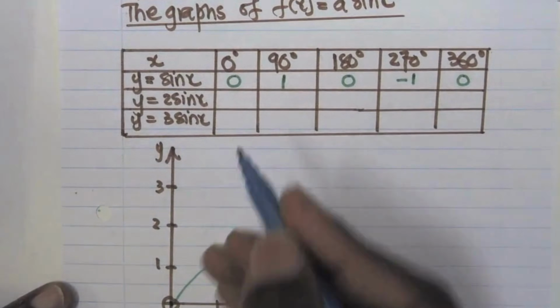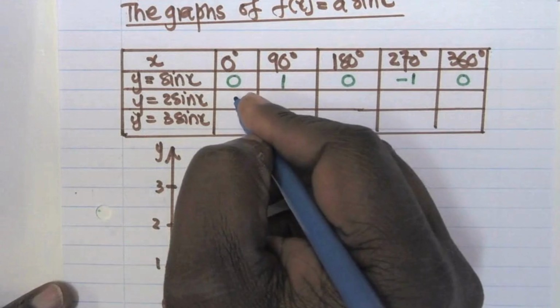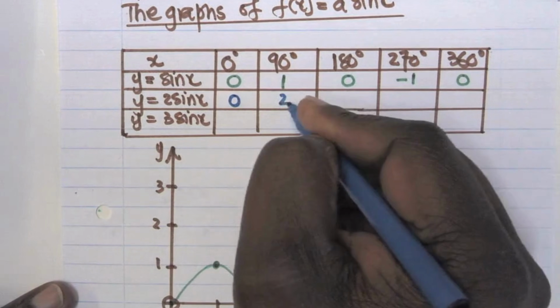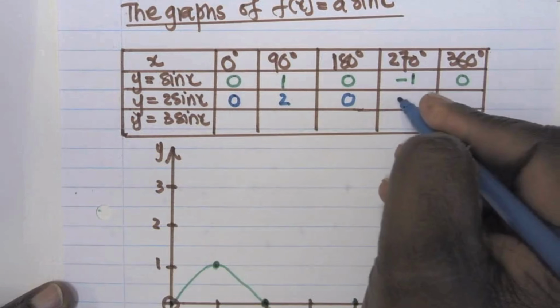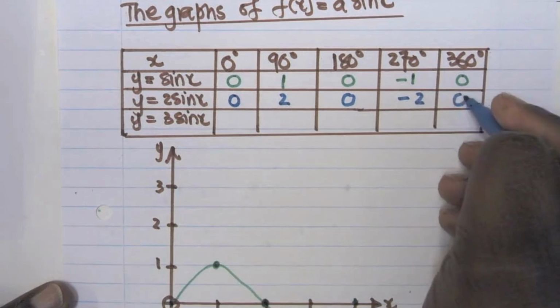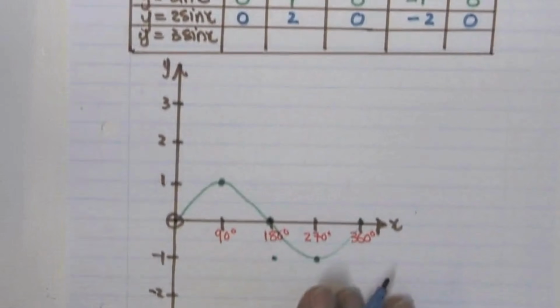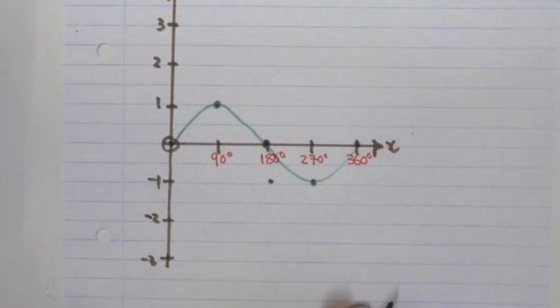Y is equal to 2 sine x. If I substitute here, I'm going to get 0. Here I'm going to get 2, here I'm going to get 0, here I'm going to get -2, and then the last one I'm going to get 0. Now let's go to the graph and let's draw the graph.